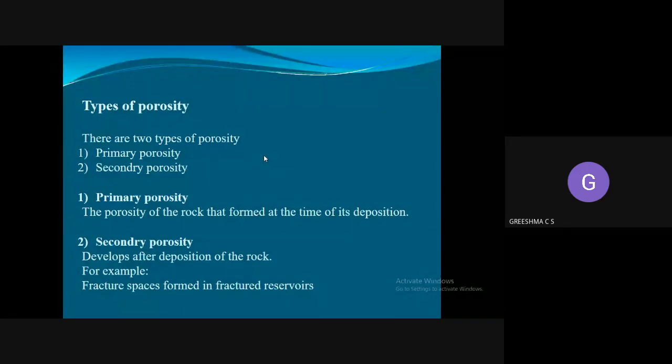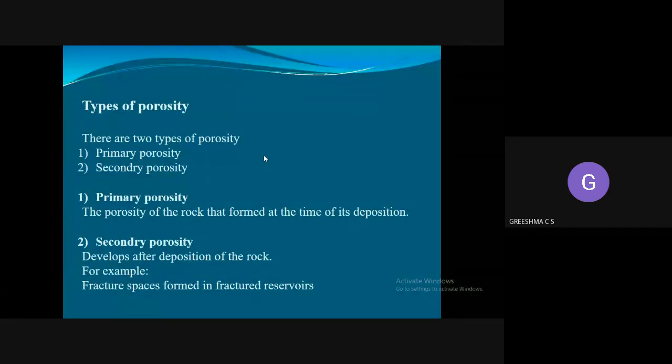Now coming to secondary porosity, which is developed after the deposition of the rock. Once the weathered materials have been deposited, after years and years they will form into some hill or some rock mass. The porosity which occurs at that time is called secondary porosity.